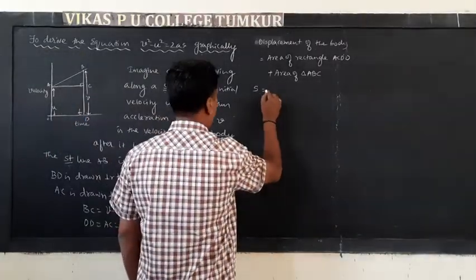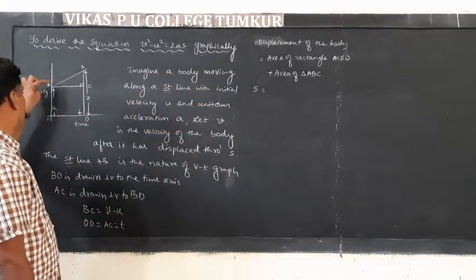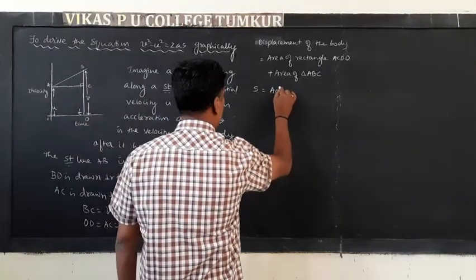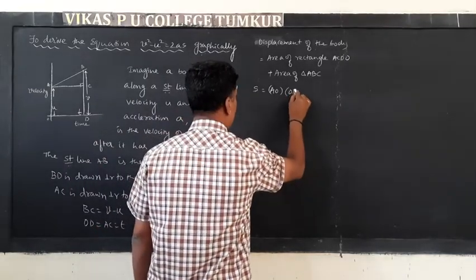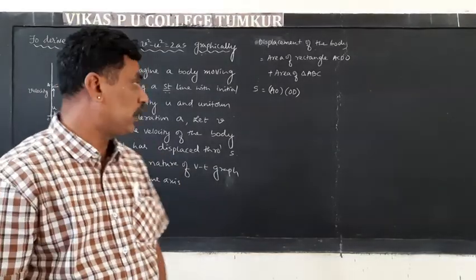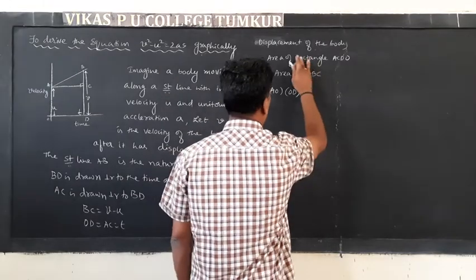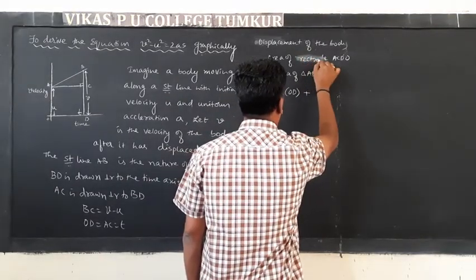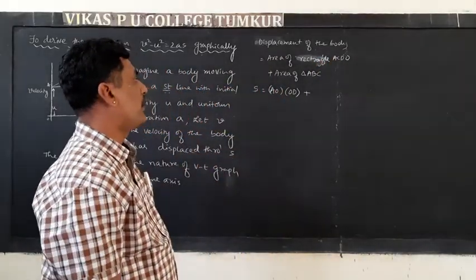Area of rectangle ACDO will be AO into OD. Length and breadth multiplied give the area of the rectangle. And the area of rectangle ACDO plus area of triangle ABC.